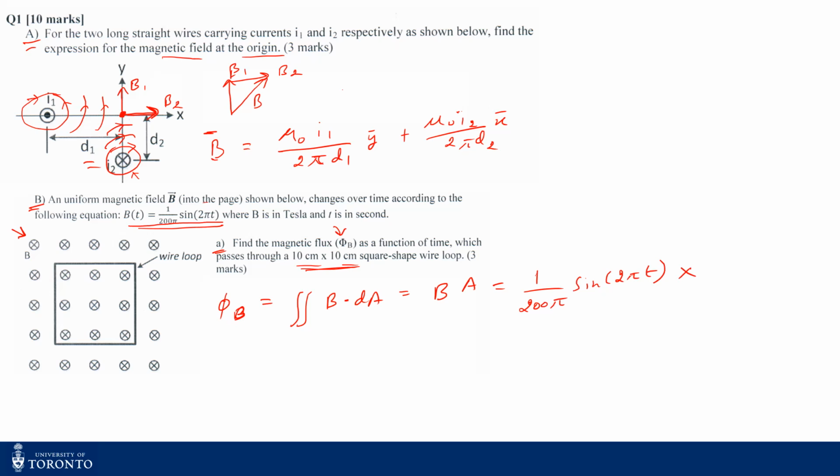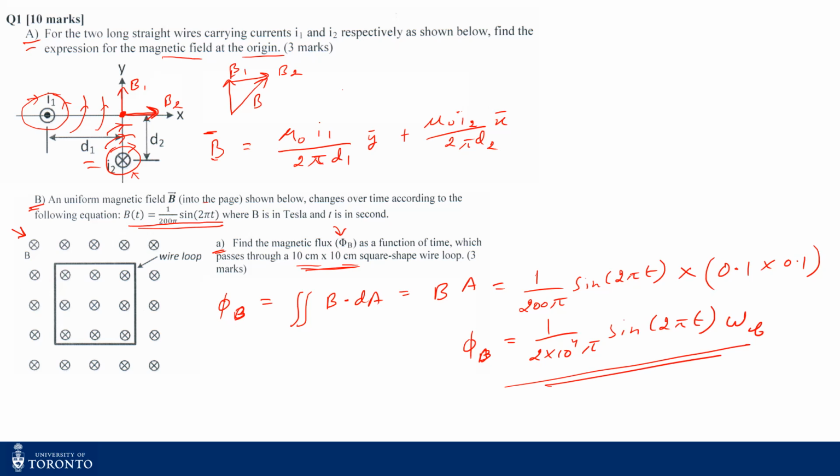And what's my area? That's 10 centimeters by 10 centimeters, so I convert them into meters. That's 0.1 into 0.1. So that will give me a phi B of sine 2 pi t Weber. So that's my phi B.